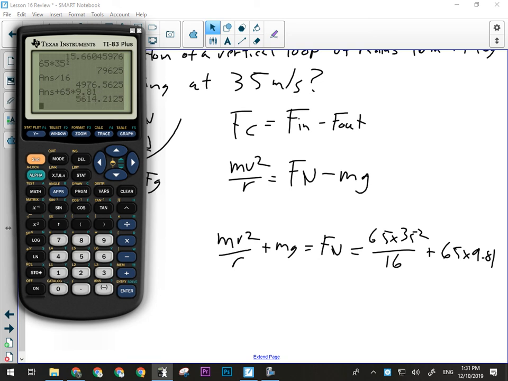Okay, so that's their apparent weight, 5,614 newtons. That's a lot. That's 8.8 Gs. Okay, you probably black out.